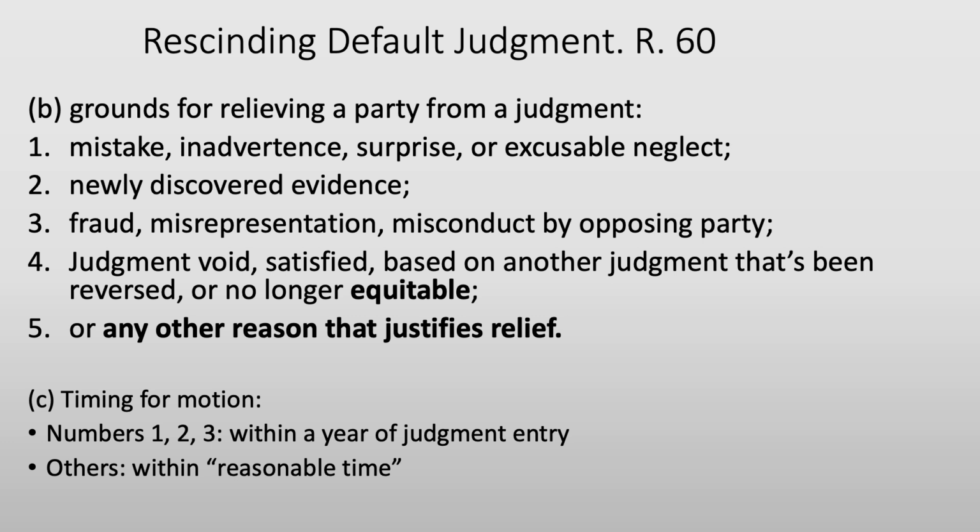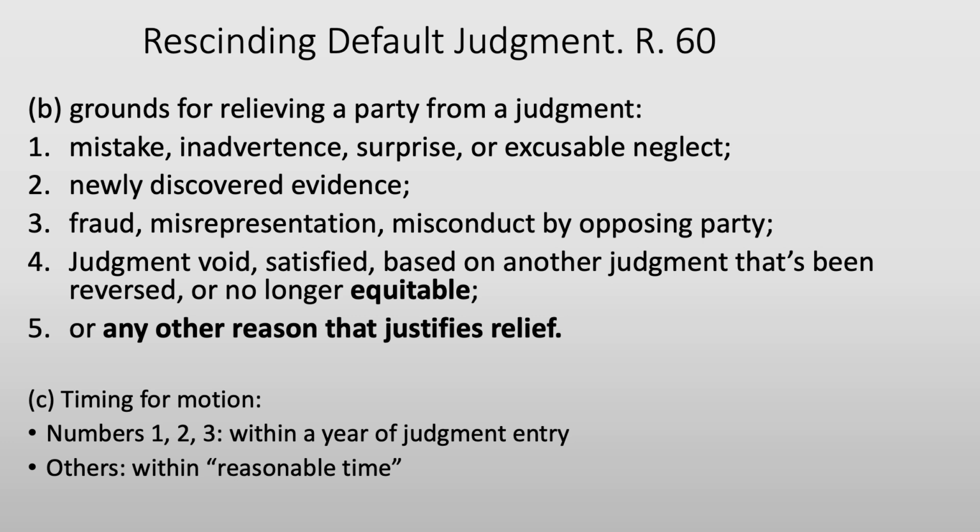And there are many, many reasons for rescinding default judgment. In Peralta, we saw a kind of constitutional reason where the court said that the requirements of notice overcome the propriety of default judgment, and so since there wasn't proper notice, default judgment was improper, even though the defendant would most likely have lost on the merits anyway.